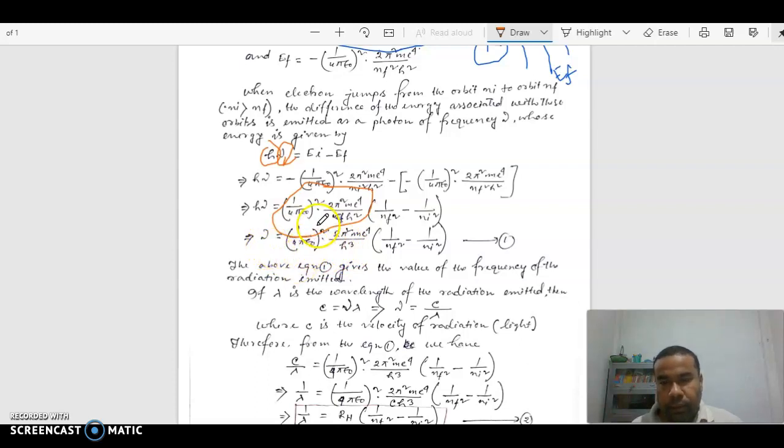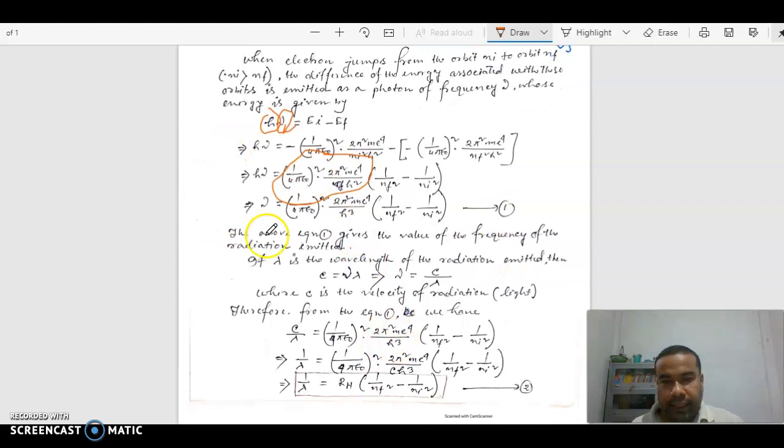So nu equals 1 by (4 pi epsilon naught) whole square, 2 pi square m e to the power 4 by h cube, times (1 by Nf square minus 1 by Ni square). This is equation number 1. It gives the value of the frequency of the radiation emitted.